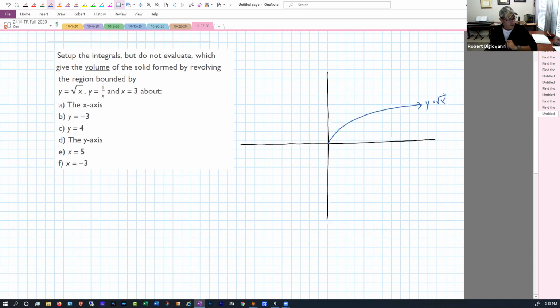And then we have y equals 1 over x. 1 over x looks like this. And x equals 3. X equals 3 would be something like this. And the region bounded by all of them is this region right here.